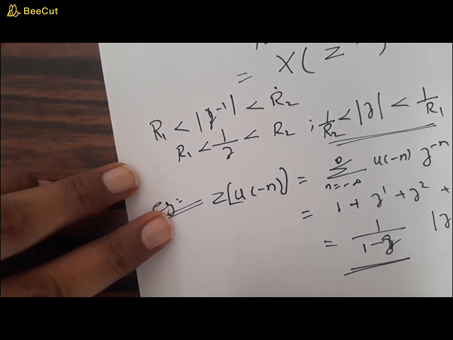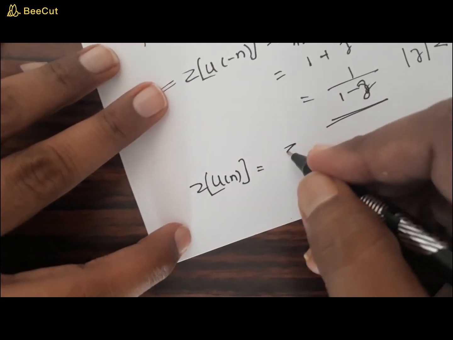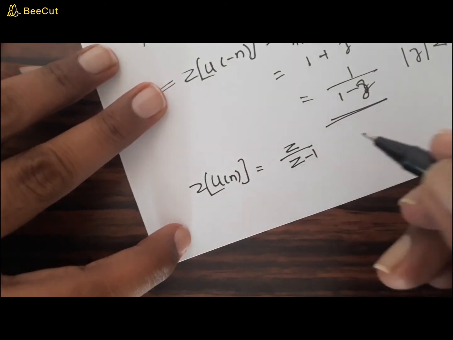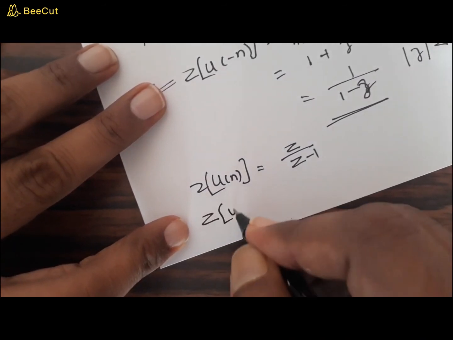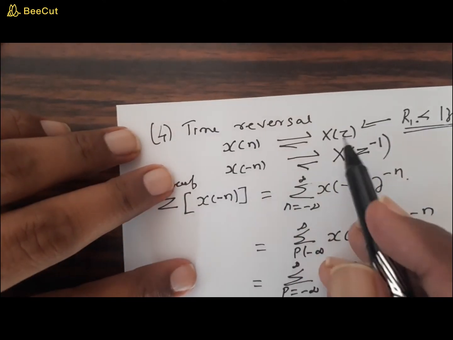For the time reversal property, you just need to know the z transform of u of n. The z transform of u of n is z by z minus 1, right? Now if you want to find the z transform of u of minus n, instead of x of z, substitute z by z raised to minus 1.